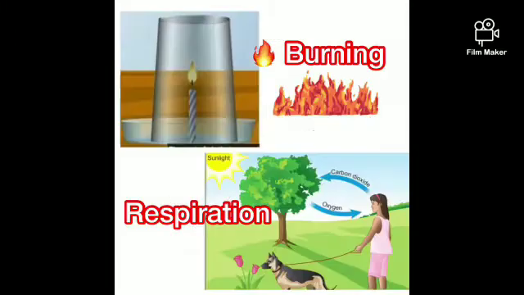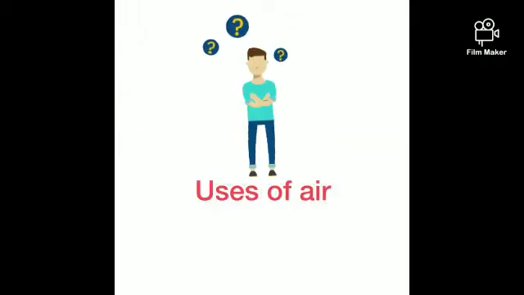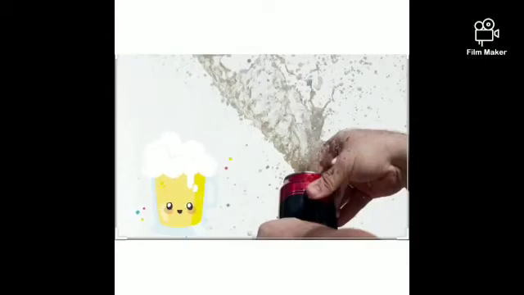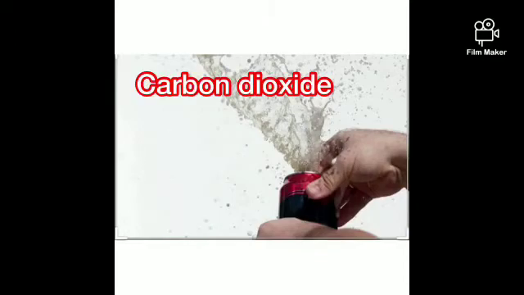Now, can you guess which are those? We all know that oxygen in the air is used both for burning as well as respiration. Which are the other gases? Can you guess, children? You have learned that the gas that fizzes out of soda water is carbon dioxide. This gas is present in small quantities in air too.